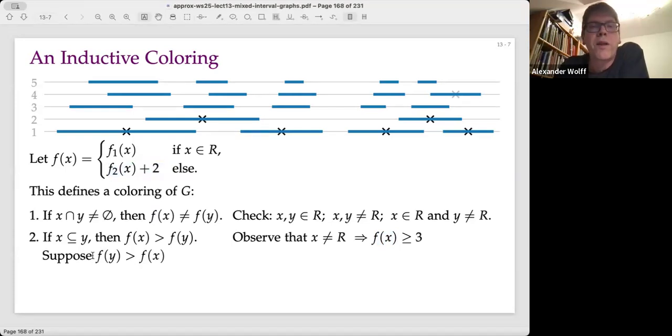And now suppose that the contained interval would get a larger color, then it means it cannot lie in R. But the F2 value of x is greater than the F2 value of y, and this is the contradiction that I needed.